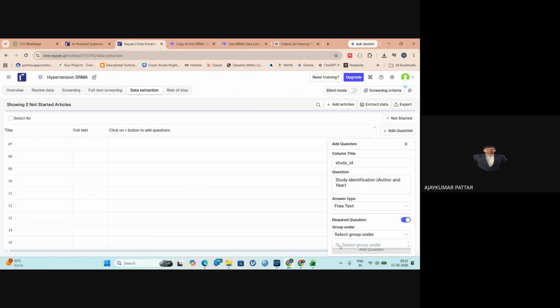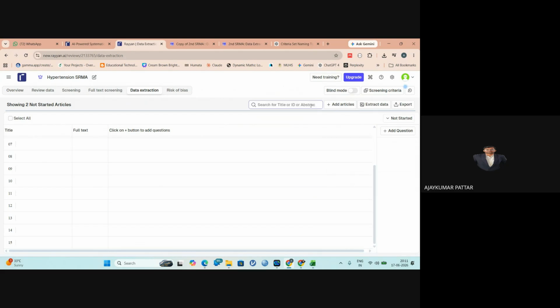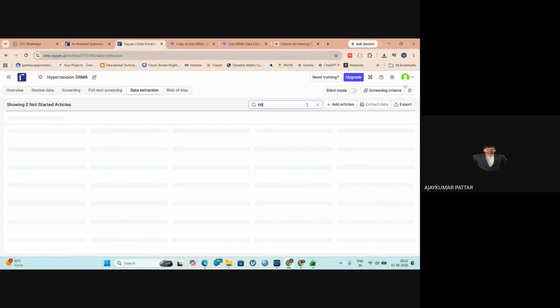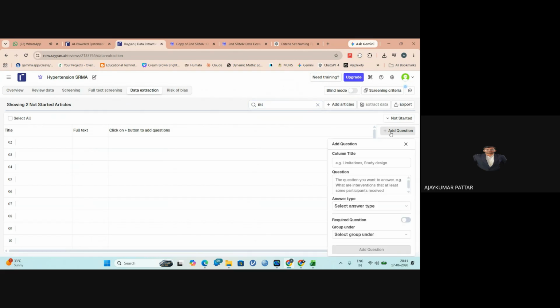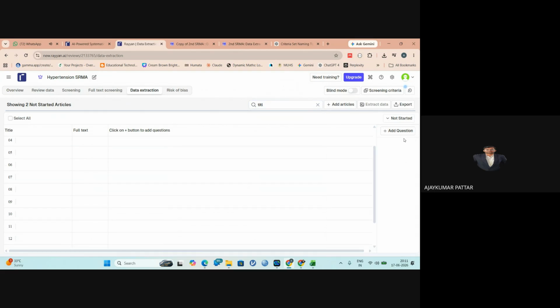I don't know. Select group under, search group under, title. Why is it not taking?